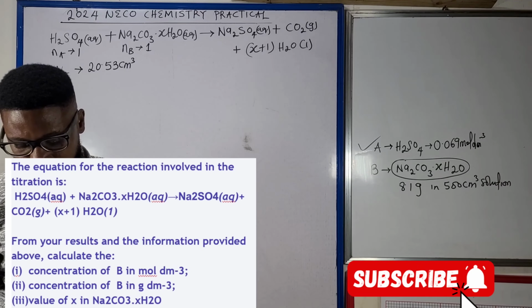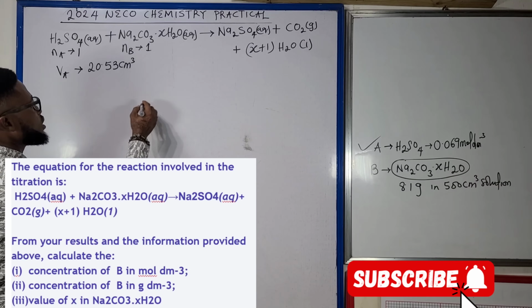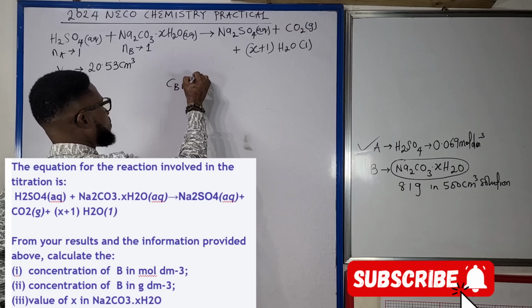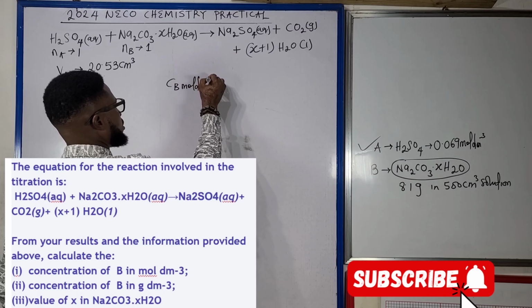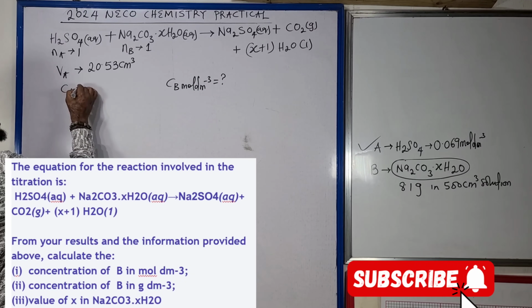So that's 1:1. Okay. And in the question, it says from your results and the information provided, calculate the concentration of B in mole per dm cube. So we are looking for CB in mole per dm cube now, where we already have our CA.